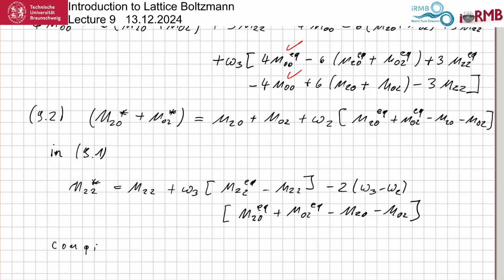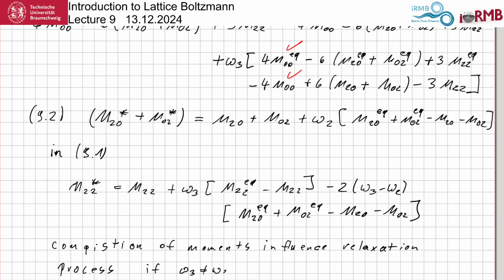So we get a composition. They influence the relaxation process if omega 3 is not equal to omega 2.